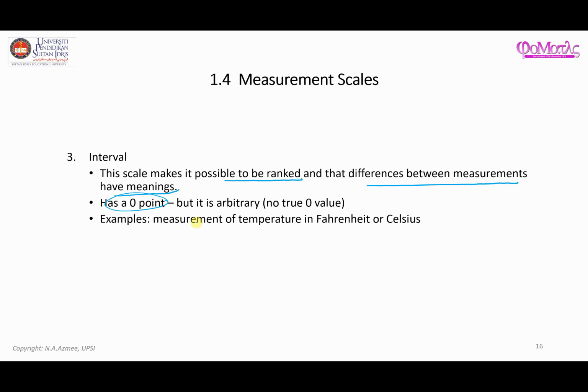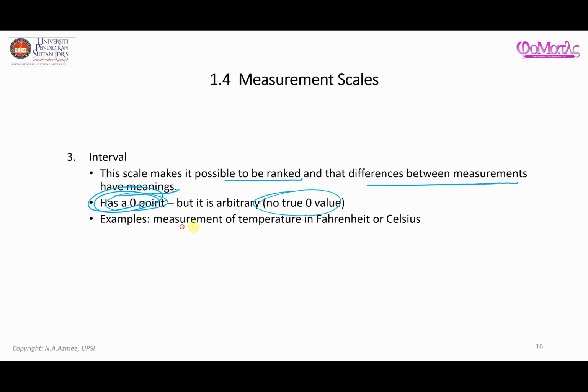The 0 point is arbitrary in this case. Although it has a 0 point, the point 0 here is not a true zero value. So in other words, there is no fixed beginning to this type of data.